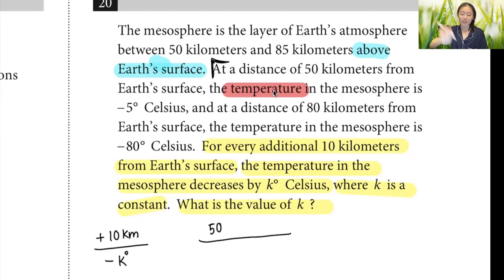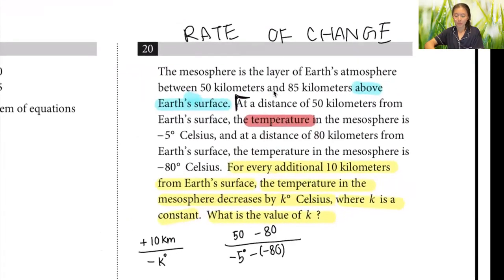So at 50 kilometers, it's -5 degrees Celsius, okay? And at 80 kilometers from the Earth's surface, the temperature in the mesosphere is -80 Celsius, okay? So just subtract the 2 points because that's how you get the rate of change.